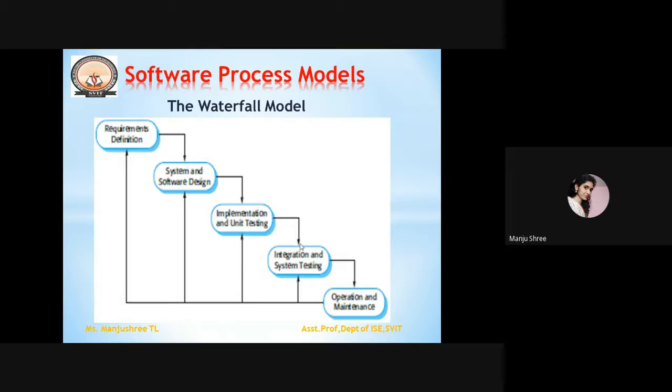The individual program units that were developed and tested in the previous phase are now integrated and tested as a complete system to ensure that all the software requirements have been met. After testing, the software system is delivered to the customer.